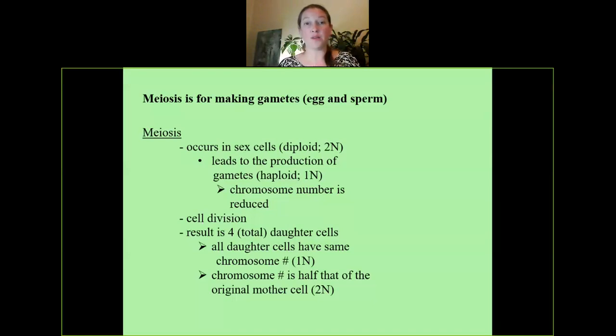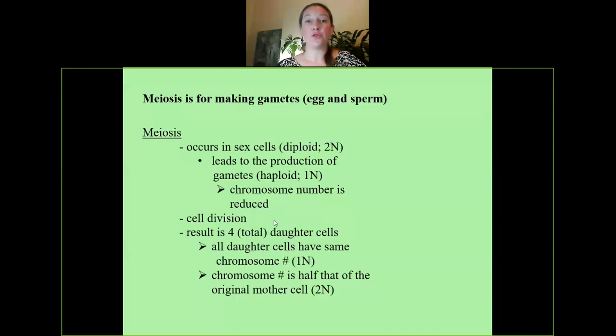It's still a process of cell division, just like mitosis is a type of cell division. This is also a process of cell division, but now the products are a total of 4 cells, and each of those cells is going to be haploid or 1N.